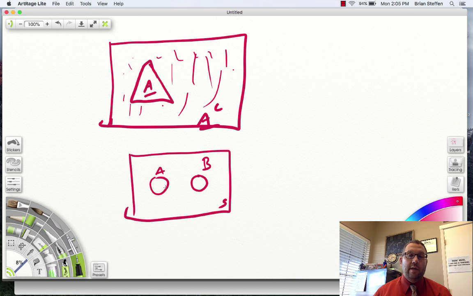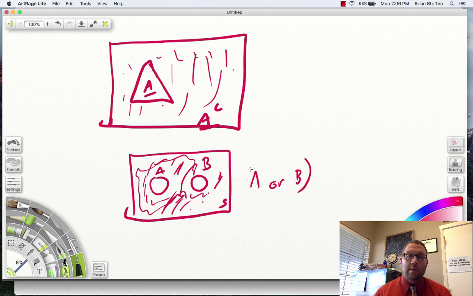I've got everything that's in A, everything that's in B, and everything that's not in A or B. All right, so if I wanted to talk about all of this that's not in A or B, all that space would be A or B complement. So the A or B complement is everything not in B, not in A.